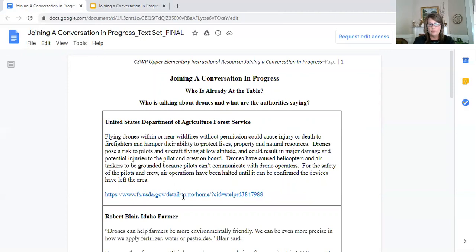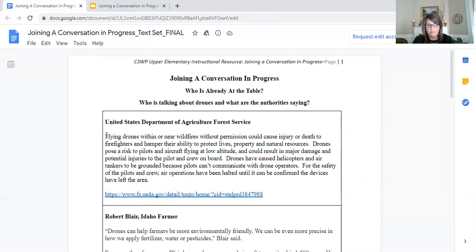This resource can be used with grades 4 through 8 and even 4 through 10 and beyond. So if you want your students to have the entire text, there's a link here. For younger students, we typically just use a snippet and work up to the longer text.